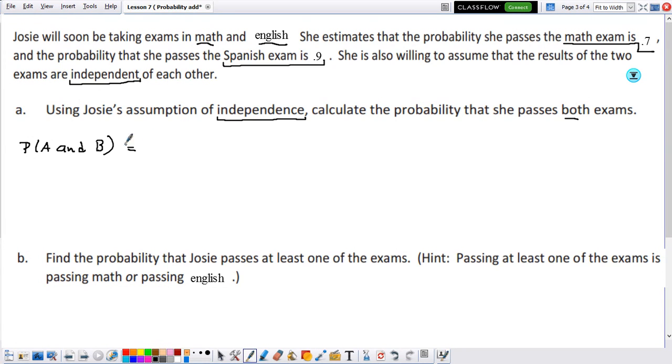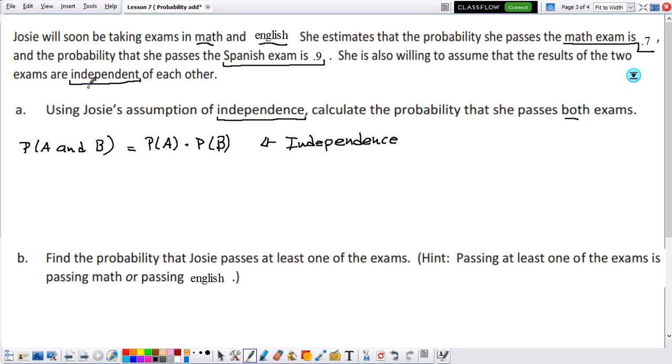So what this says is that P of A and B is equal to the probability of A, which in this case, well, let's write down the formula, times P of B. And this is true because of independence. If they would have not stated that they're independent, then we cannot use this formula.